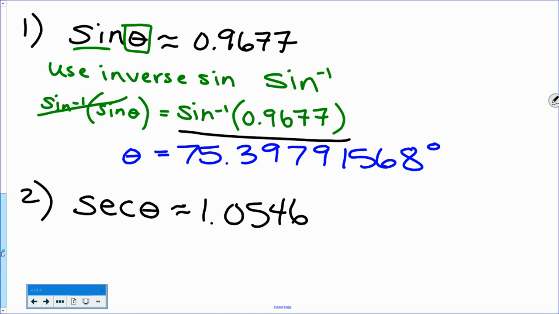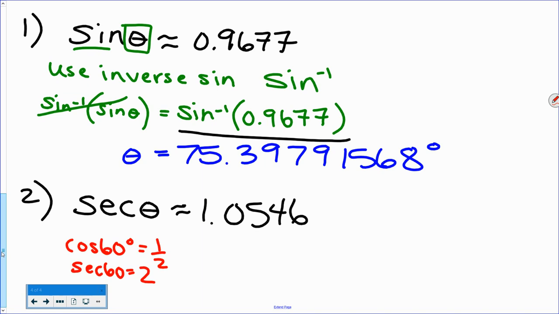If you think back to an angle that we should be familiar with, cosine of 60 is 1/2. Its reciprocal, secant of 60, would be 2.